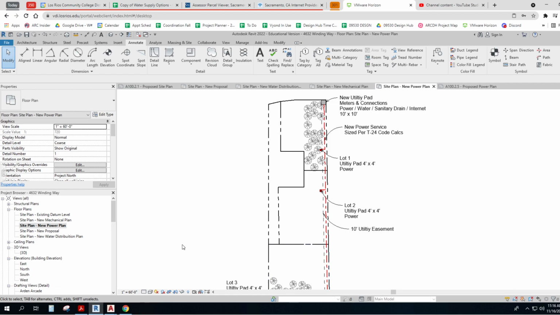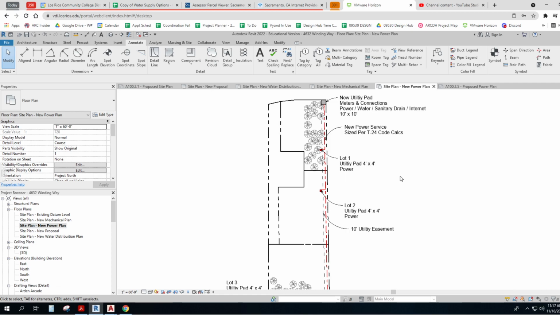It doesn't really say in our parcel viewer, but we could probably go look it up if we really needed to. But in any case, I just drew a line along the property and then offset it, moved it 10 feet, and I call that the utility easement. And inside that, I've got my new power service. I've got a pad, and I decided to make a little 4x4 foot pad. That's pretty big, actually. 4 foot by 4 foot is a really good sized pad.